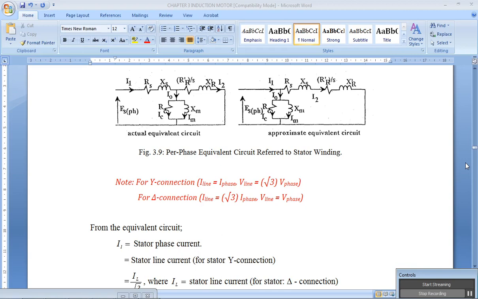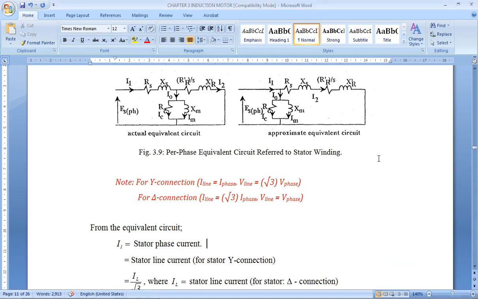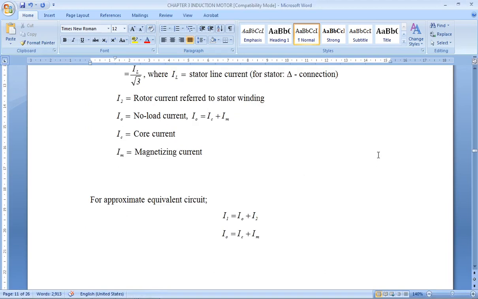For delta connection, V line is equal to V phase, and I line is equal to root 3 I phase. So I1, which is the stator phase current, is equal to the no-load current I0 plus the rotor current I2. To calculate, I0 is equal to the core current Ic plus the magnetizing current Im.